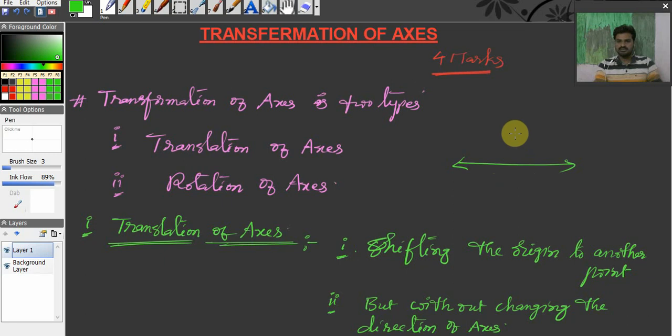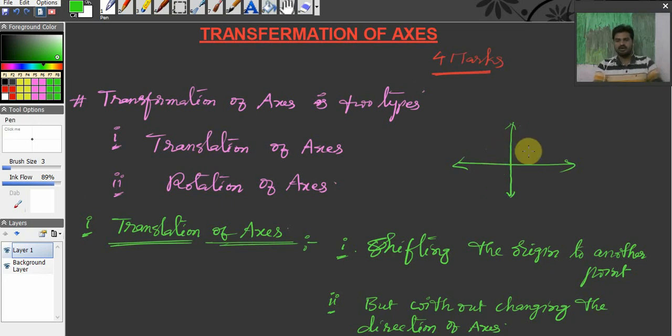In the same way, the y-axis direction will be like that. By translation of axis we can't change the direction of the y-axis. That means we can't take a y-axis like that. If taken like that, the direction will be changed. So we can't take this one. This is without changing the direction of axis.